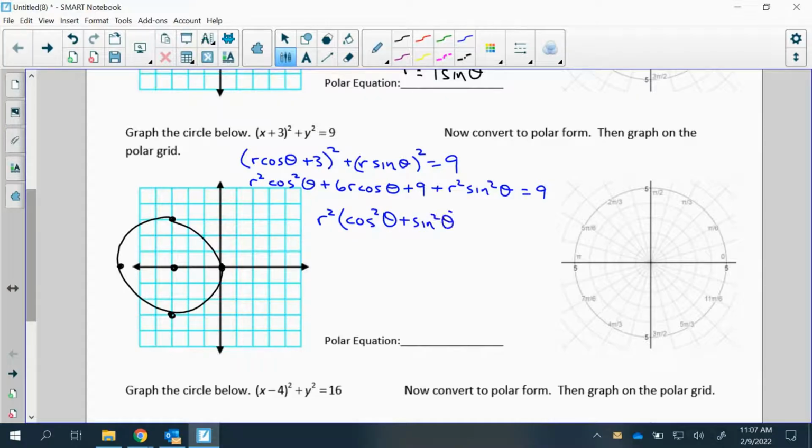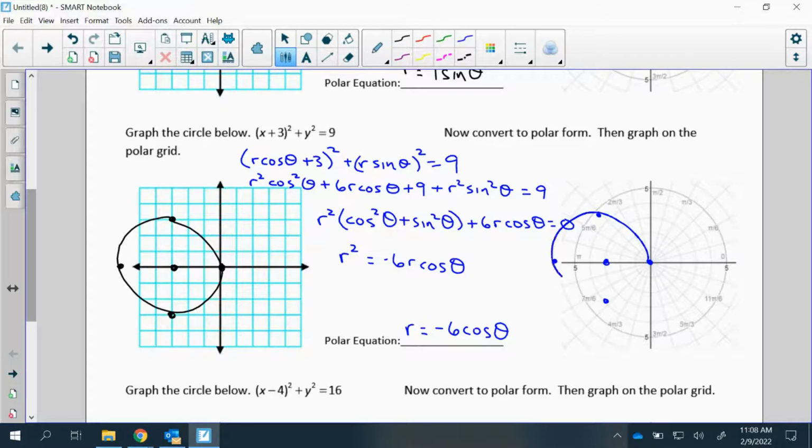We end up with r squared (cosine squared plus sine squared) plus 6 r cosine theta equals 0. We can subtract the 6 r cosine theta over to the right. And remember that cosine squared plus sine squared equals 1. Then we divide by r because r will not be 0 in this problem, and we end up with r equals negative 6 cosine theta. So negative 6 cosine theta is going to be graphed in the exact same spot on the polar grid that we had on the rectangular grid.